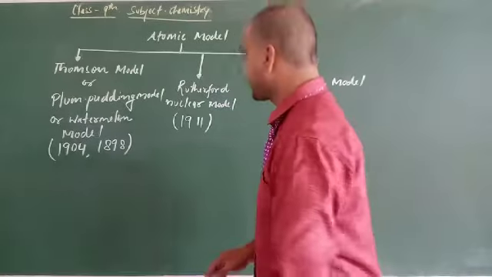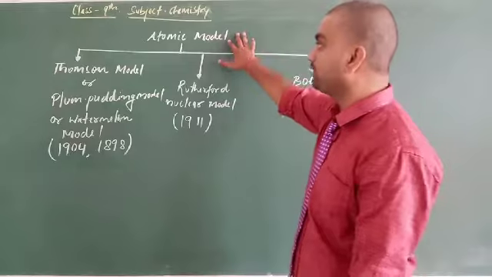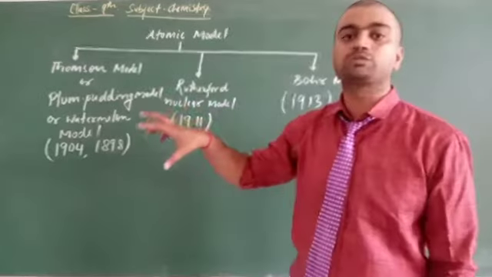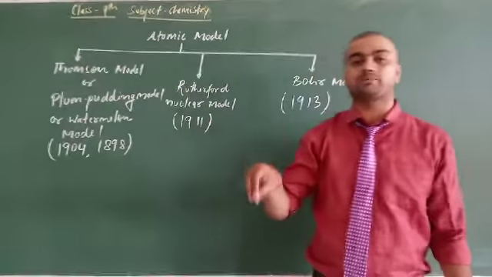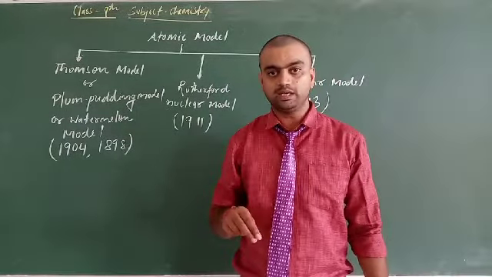Once again, I just want to explain why we need to study the atomic model. We have to discuss the position or places of the electron and proton inside the atom.